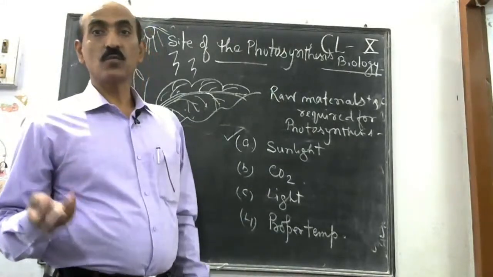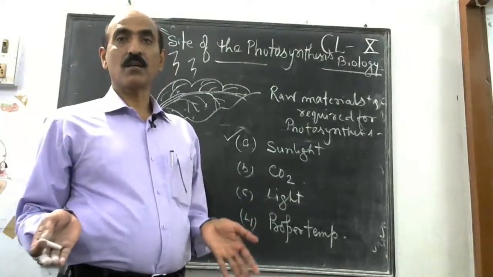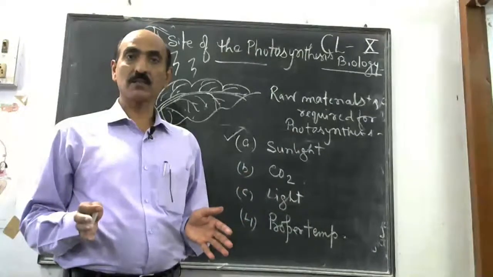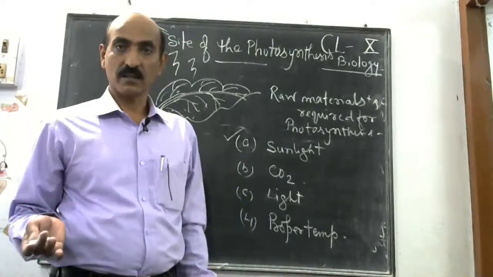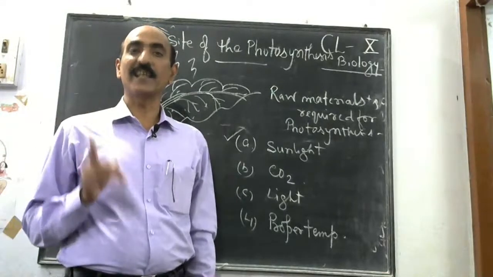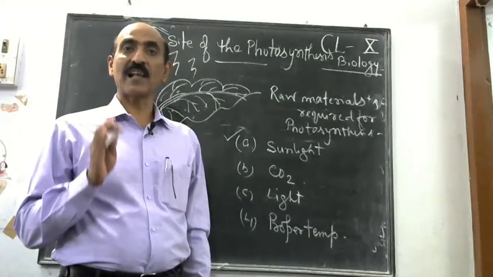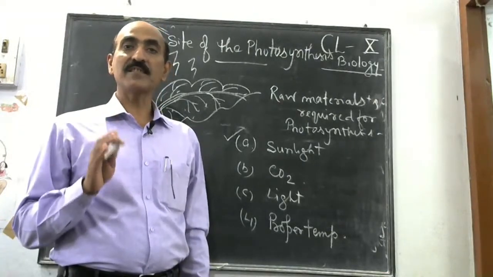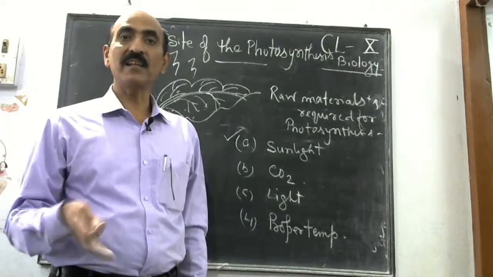You will be surprised to know that of the total sunlight coming on our earth, only 1 to 2% is utilized by plants. Even in that 1 or 2%, 80% of total sunlight is utilized by ocean algae and marine algae.